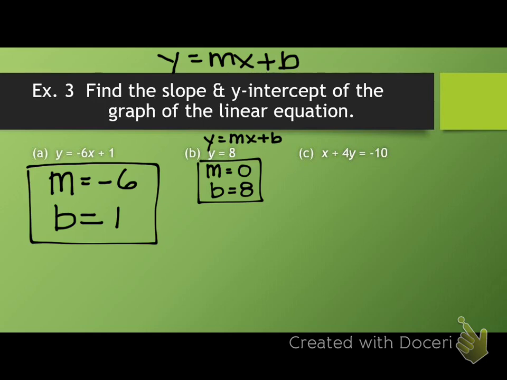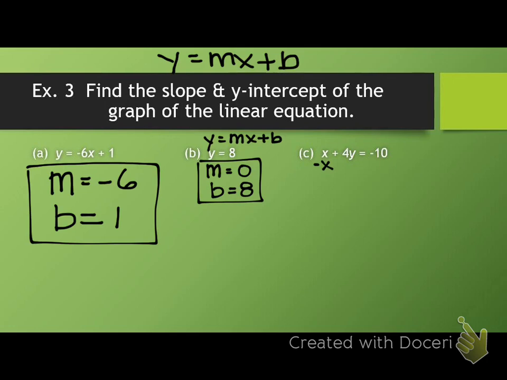All right, now look at letter C. Is it in the correct form? How do we put this in the correct form? What do we have to isolate in order to get this in the right form? y. All right, very good. So how are we going to do that? What do we got to do first? We got to subtract x.